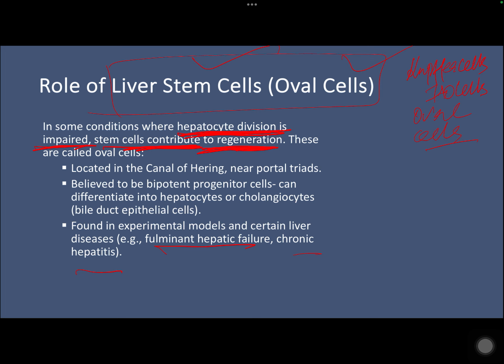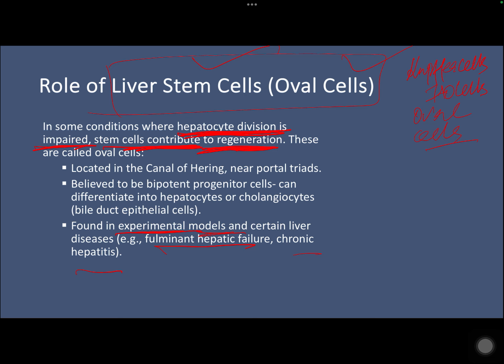For example, in fulminant hepatic failure or chronic hepatitis, at that time these stem cells or oval cells play an important role in the regeneration of the liver. We have found this in experimental models.